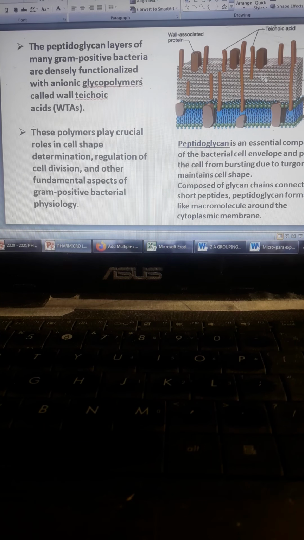Next, most bacteria have cell walls except Mycoplasma, which does not have a cell wall. The archaea have cell walls, but their cell walls do not contain peptidoglycan. So take note, archaea have cell walls but no peptidoglycan. And L-form, cell wall deficient bacteria, are tiny variants formed when they lose their ability to produce cell walls.